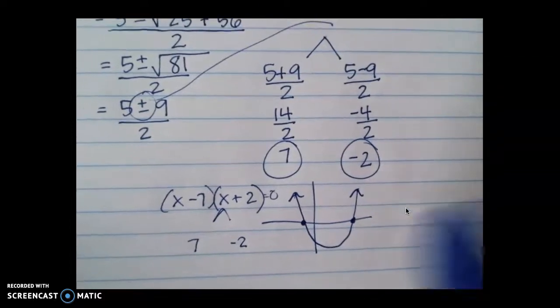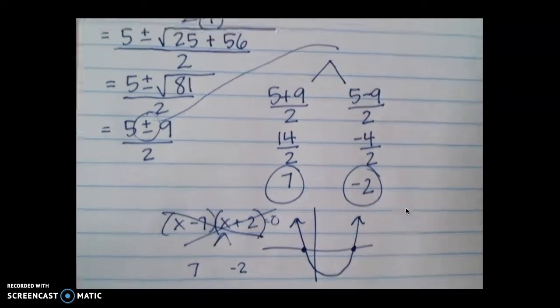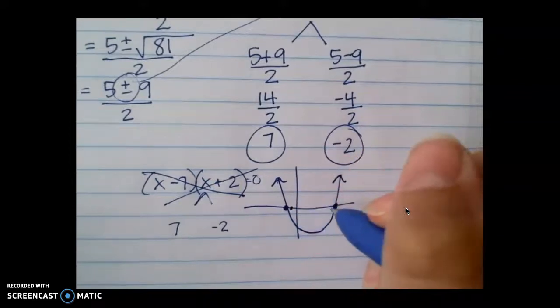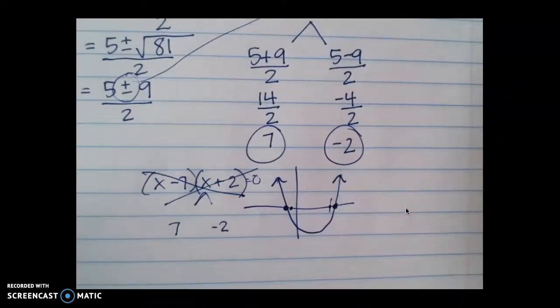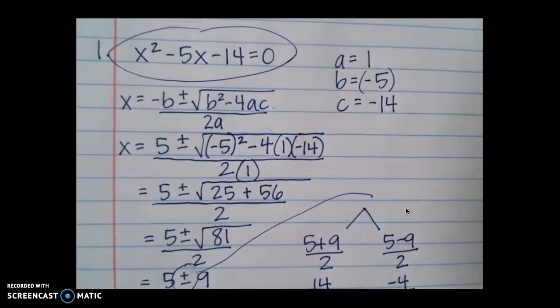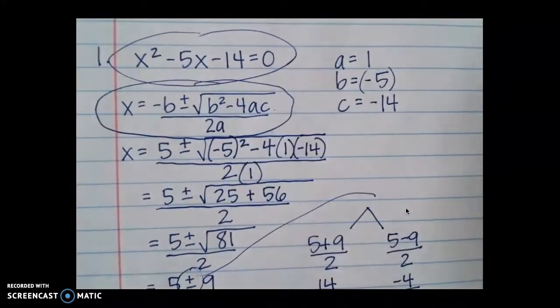But sometimes you can't factor it. It doesn't work. And in those cases, because sometimes they hit in between or somewhere that doesn't come out nice and neat, the only way to find where they hit is by using the quadratic formula. In Algebra 2, they use the quadratic formula a lot, and they expect you to have it memorized. So that's why I have you guys singing the song.